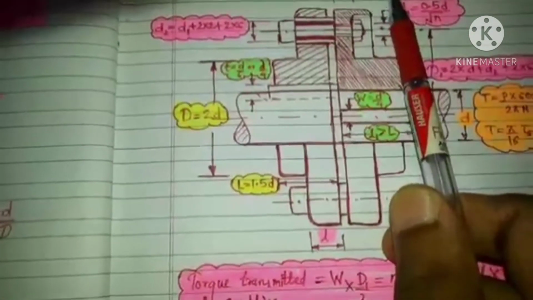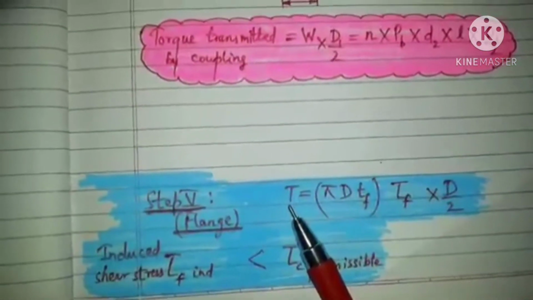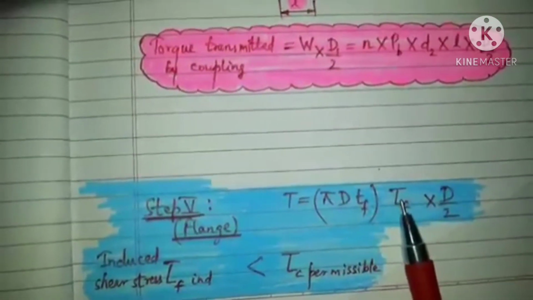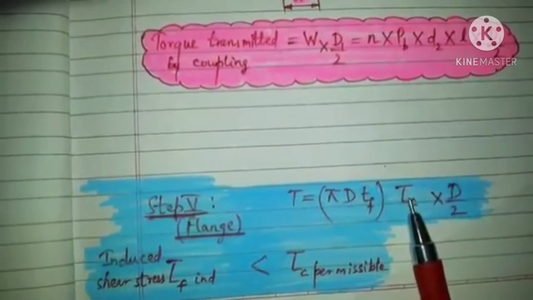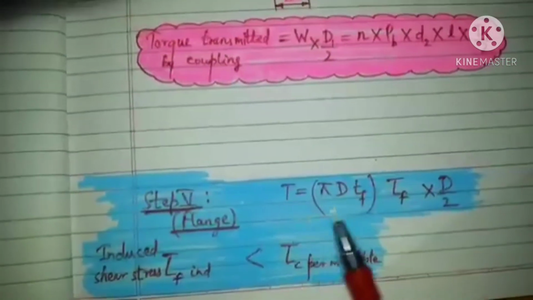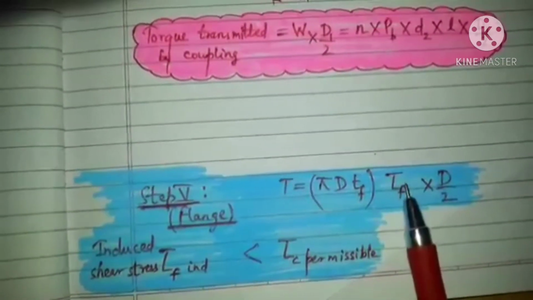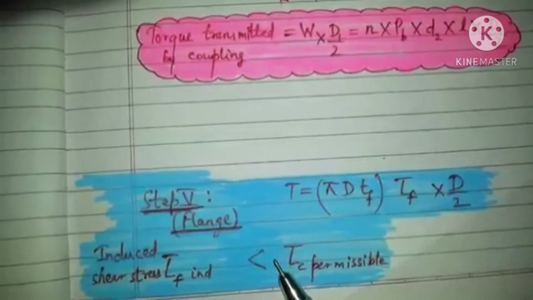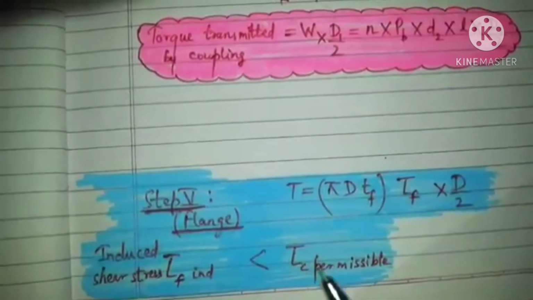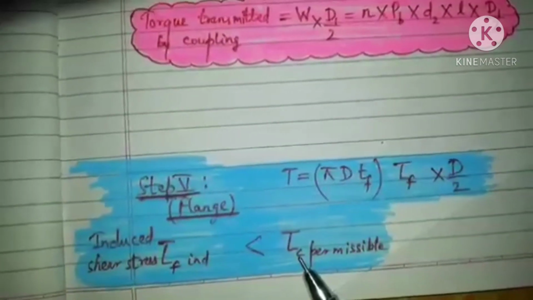Then we will look at the stresses, and we will use this formula: torque is equal to pi D tF times the shear stress on the flange times D by 2. Using this formula we will find the induced shear stress in the flange. It should be less than the permissible shear stress. Here also it is written C because it is made of cast iron.